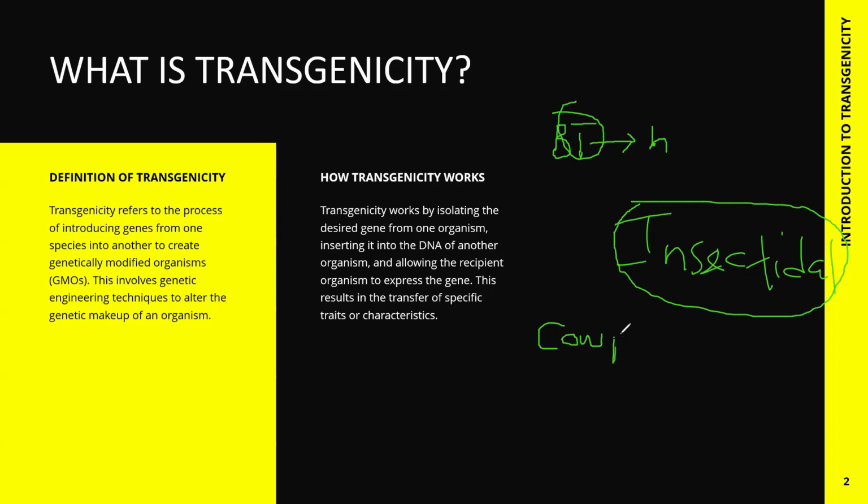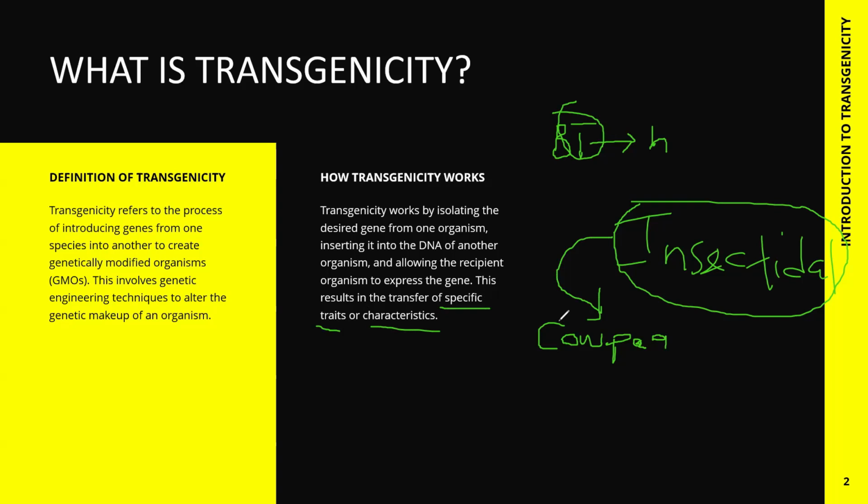And as a result of that introduction, the cowpea now becomes insecticidal to any insect that comes close to it. So you see, the insecticidal gene is isolated from the BT bacteria, then introduced into the cowpea, and as a result there is a transfer of a specific trait or character, and that specific trait in the cowpea is the insecticidal property.